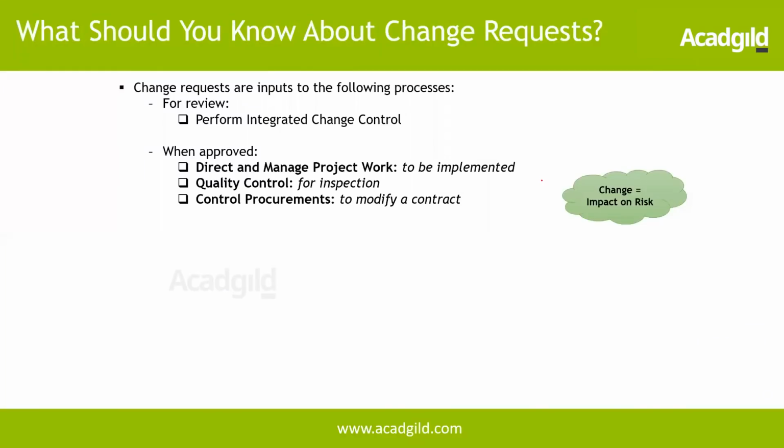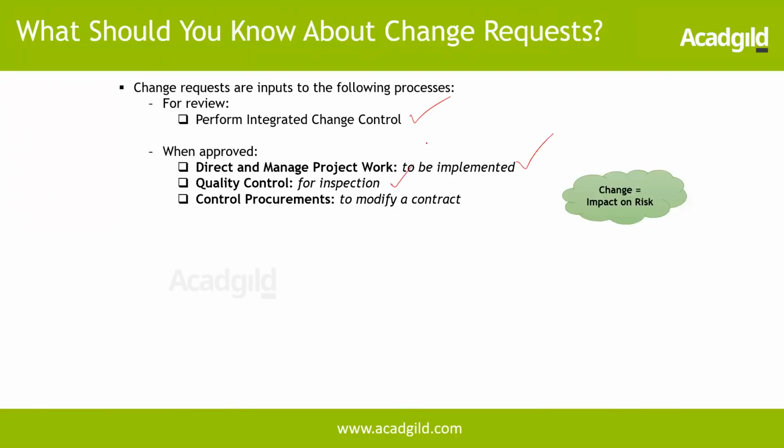So what we should know about the change request. The change requests are inputs to the following processes. One is perform integrated change control, which we'll be talking about next, which is a very key process with respect to handling the changes. Then when approved, it goes to direct and manage project work. We saw that approved change request was one of the key inputs in the direct and manage process.